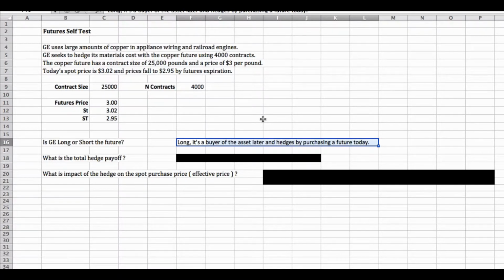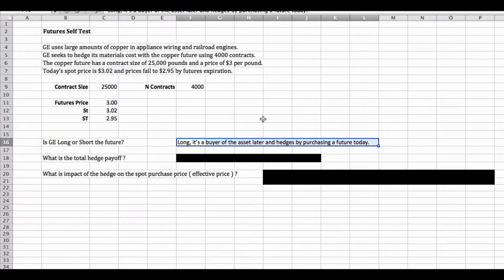Long. Since they're a buyer of the asset later, they are buyers of futures today as a hedge. They want to profit from price gains on the hedge to offset the cost of price rises in copper.